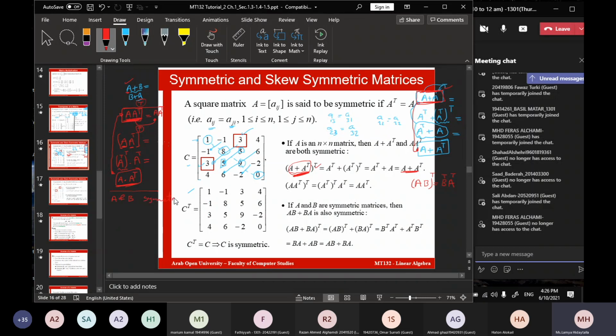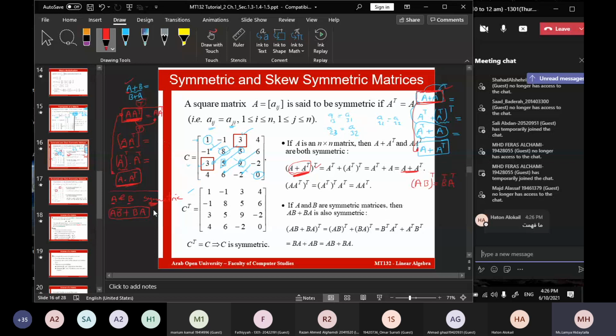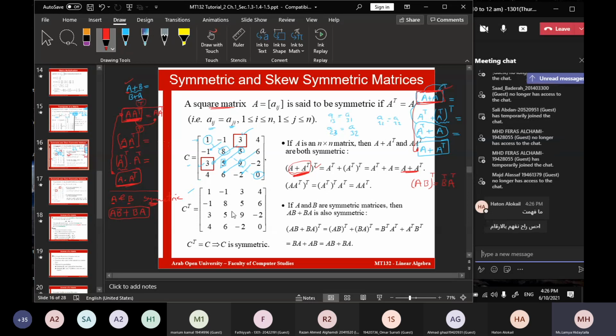He said the matrix A, which is symmetric, times the matrix B that is symmetric, plus B times A, is also symmetric. That means the new one should also be symmetric. You can do examples. Take any two symmetric matrices. Of course they should be of the same size so you can multiply them, because your matrices are square, so either 2 by 2 or 3 by 3.